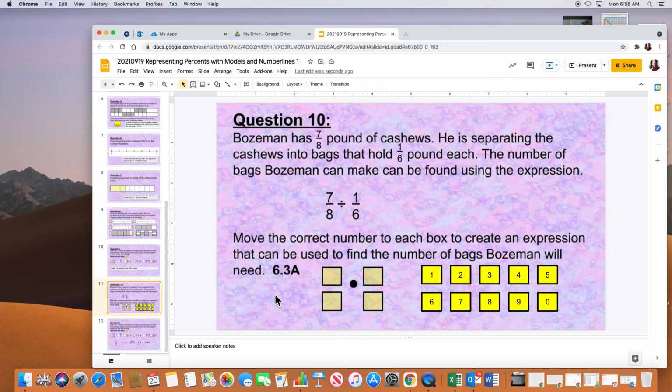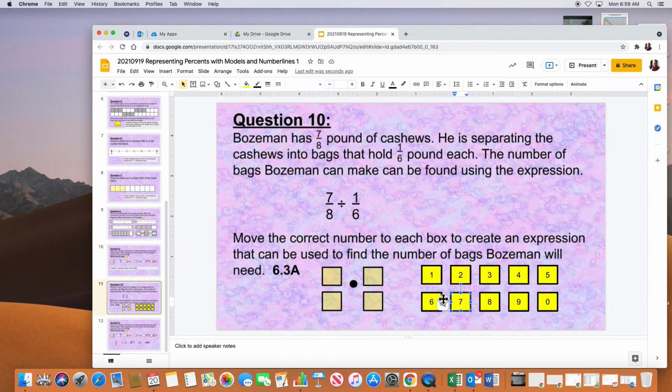All right, in this one, we need to be dragging the numbers across so that we can do the calculation. He has 7 pounds of cashews and wants to separate them into bags that hold 1/6 of a pound each. So here's the division. Well, now we have to make the multiplication.